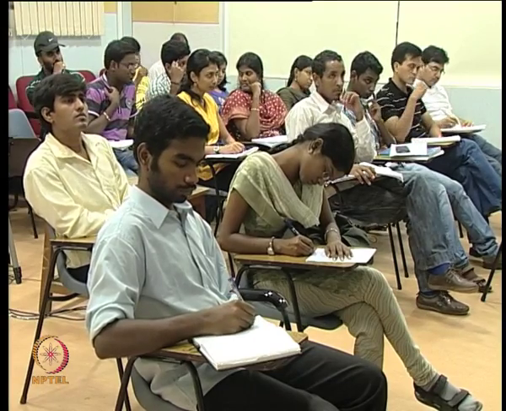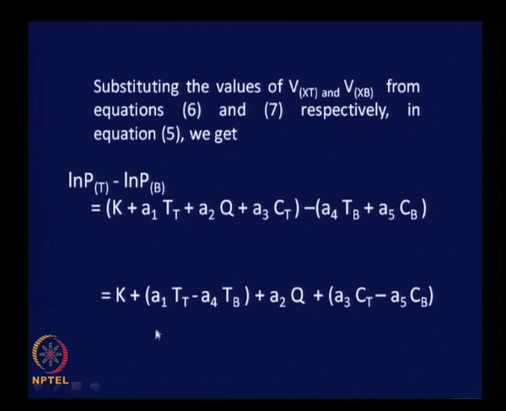See, what you did in the previous case is A1 Tt minus A4 Tb, right. Travel time by train is multiplied by some coefficient, and then travel time by bus is multiplied by A4. Of course, we are yet to decide the values of these coefficients, right. In any case, the travel time difference will be multiplied by some factor.